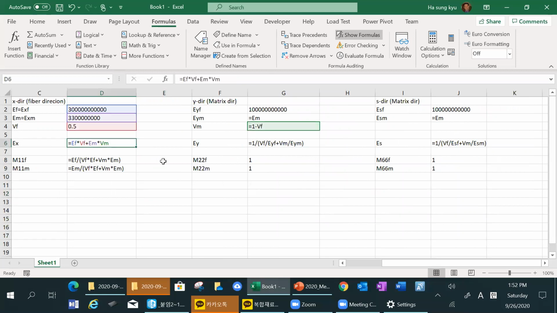This is how you see the equations, okay. And this is the EX, and from here, and this and that. And EY is given like that, and this and that, and so on. Oh, by the way, we have a wrong value here. EM is not the ESM.